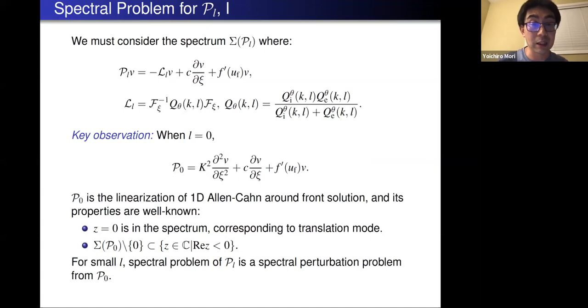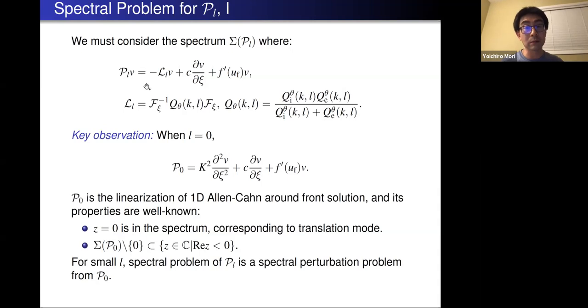We have to understand the spectral properties of P_L, where, to review, this L_L is this operator here, where you take the Fourier transform in C, you multiply by Q theta K_L, and then come back. So here, as we've already decomposed in L, these equations are just equations in C now.